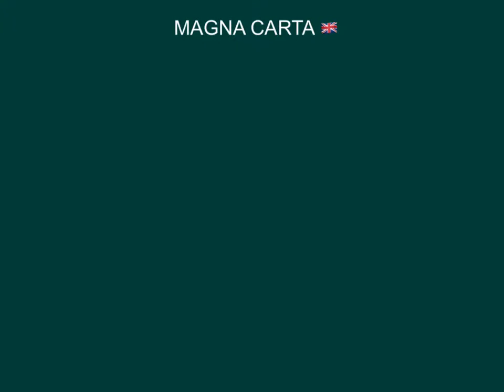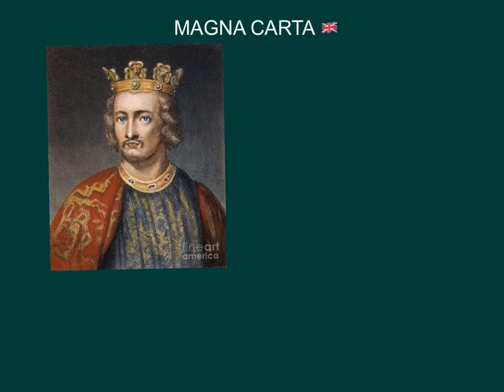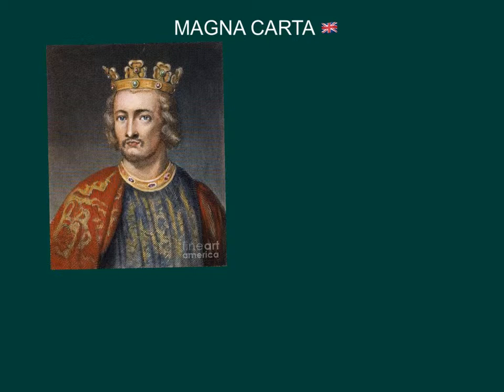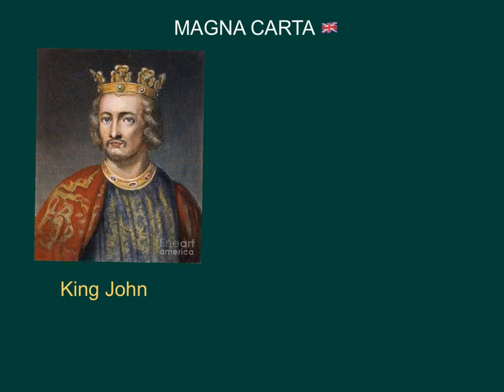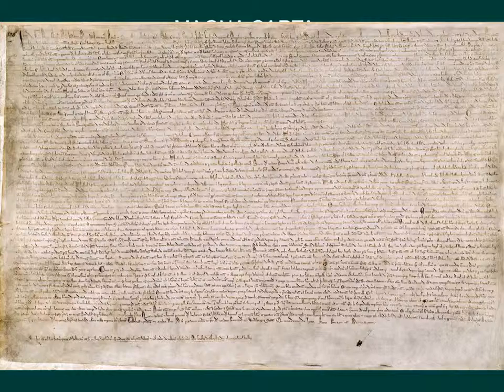So the first one we know is the Magna Carta. The Magna Carta was created by King John of England. I put a flag next to the title so you can identify the country of the document we're trying to understand. So King John was the creator of the Magna Carta, and I'm also going to show you a sample of what it looks like.